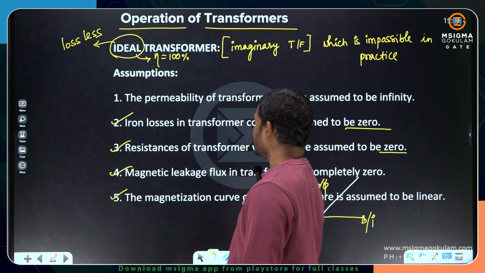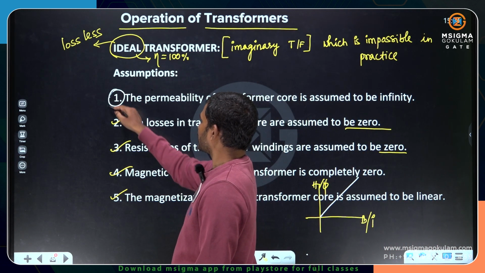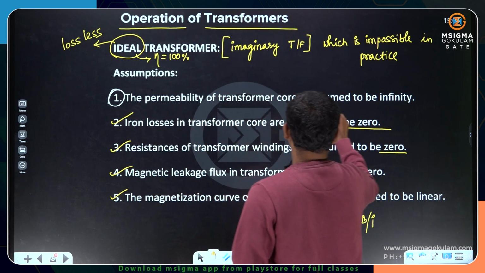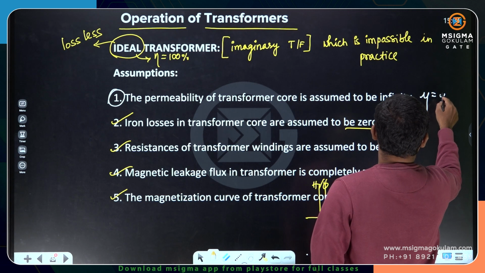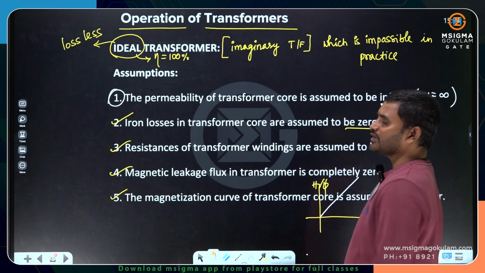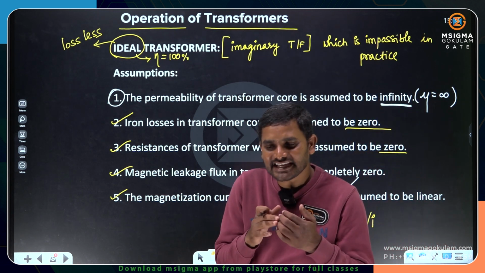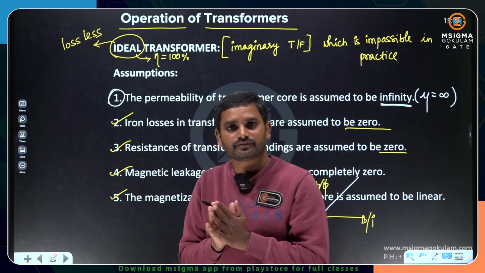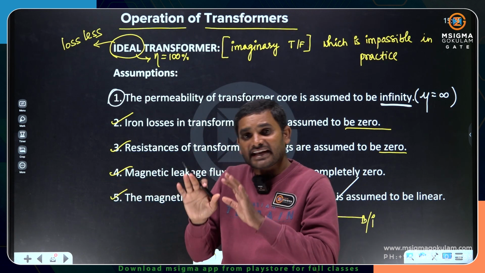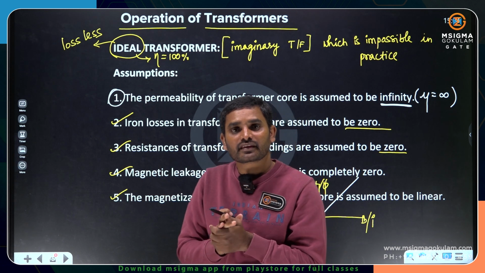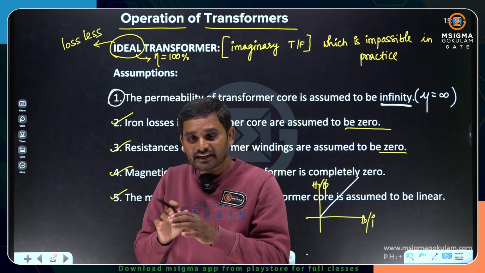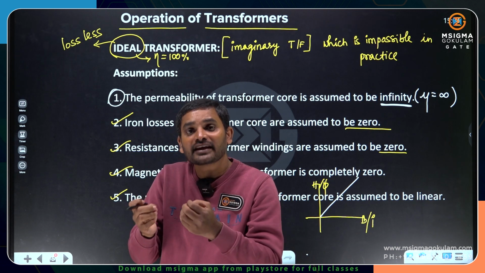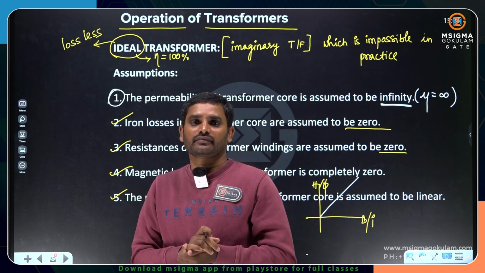And one more thing, the permeability of the transformer core should be infinite. If mu is infinite, the flux lines will easily establish through the core. We don't require an external MMF. We don't require a magnetizing component of current at all.